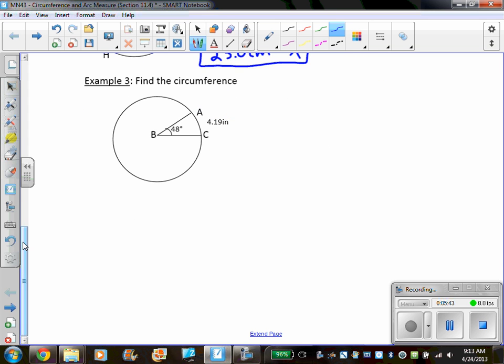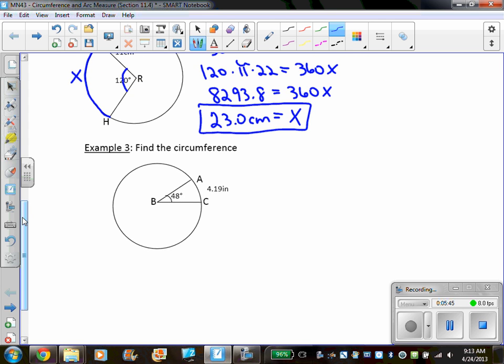So the last example here, example 3, I want to actually find the circumference, which makes it a little bit different. But with that same idea in mind, you notice we have an arc measure, or this angle measure right here. We have the length of this arc right here, which is 4.19 inches.